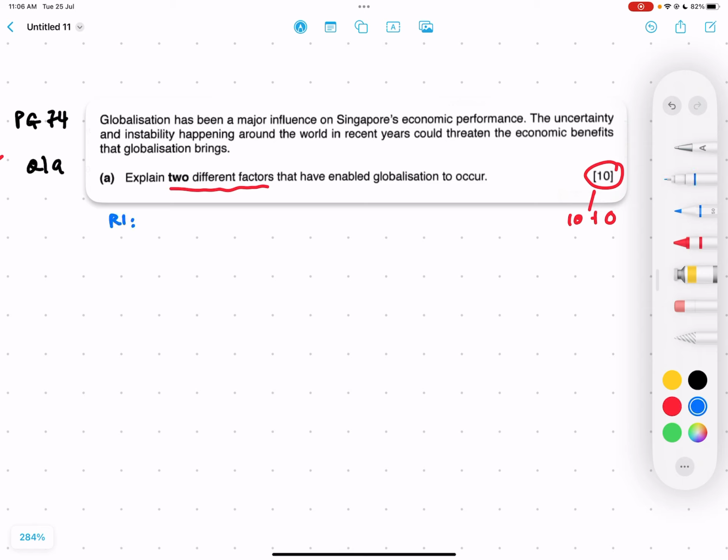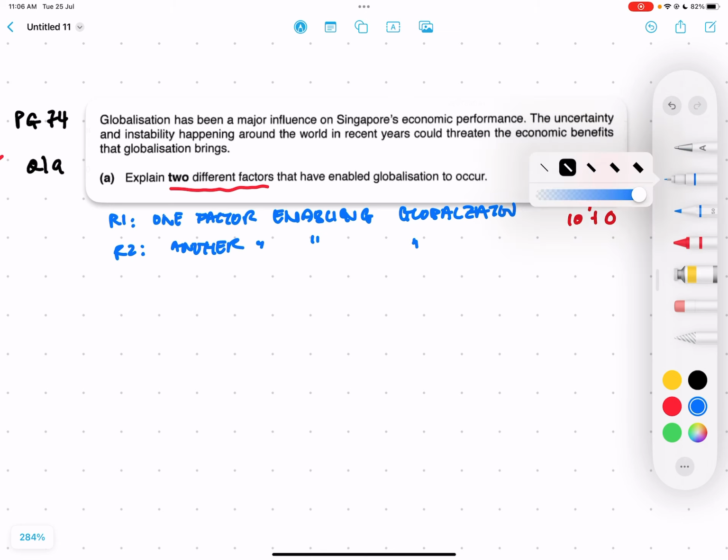Requirement 1 is one factor enabling globalization to occur. And R2 would be just another factor enabling globalization to occur. So we'll run through two different factors here.